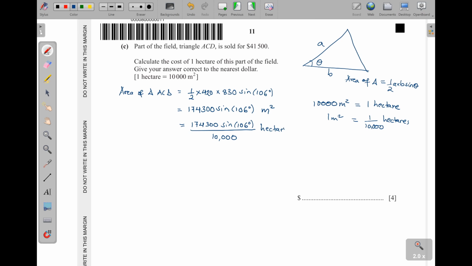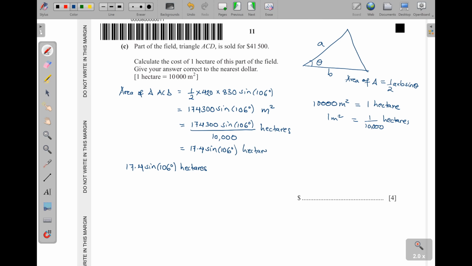This will be now hectares. Okay, and the whole of this costs $41,500. So that means I'm going to have here, simplified, 17.4, then sine of 106 degrees hectares.